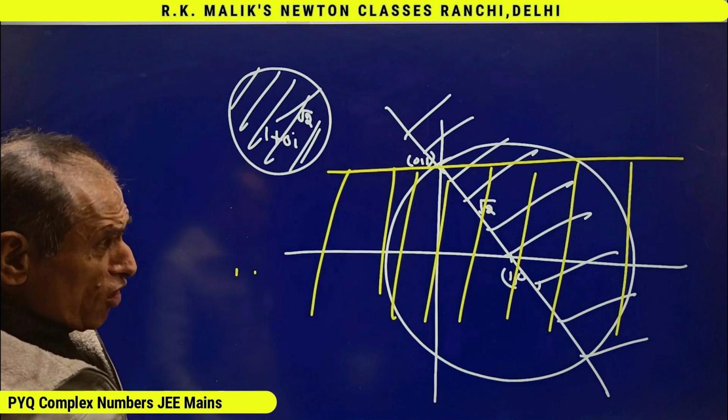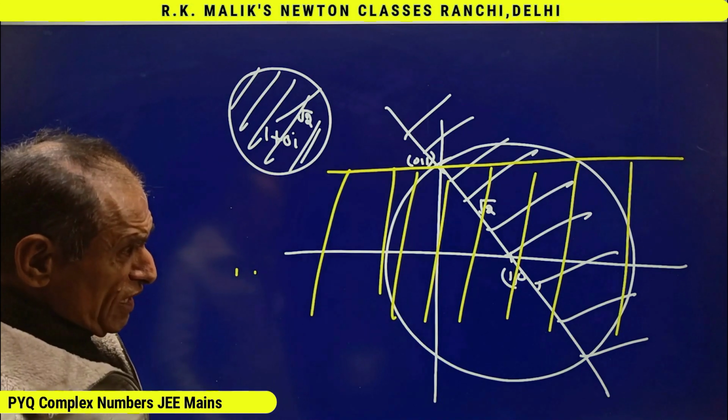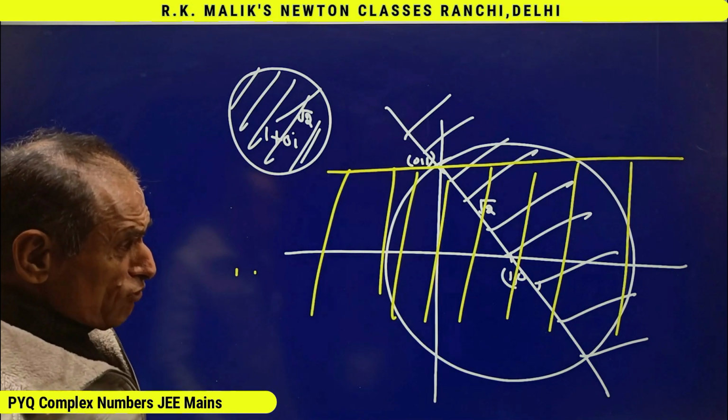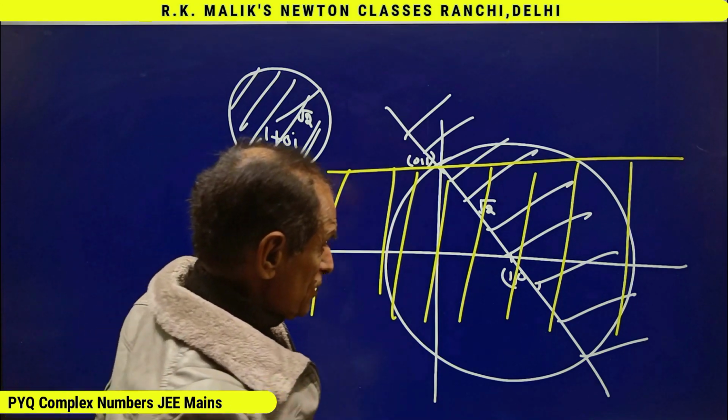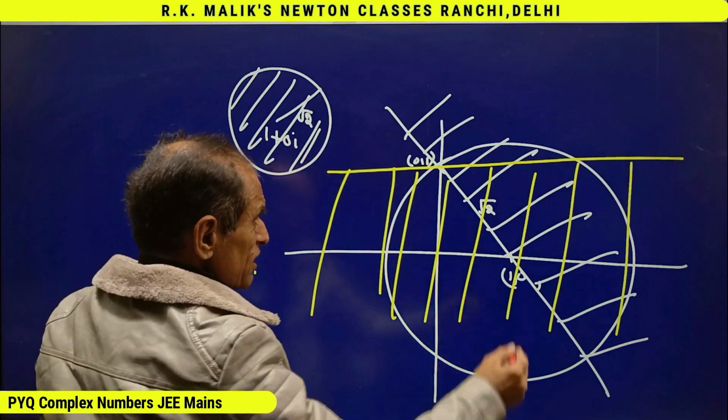Hence to satisfy all the conditions of S1, S2 and S3, we have to find the common shaded portion. The common shaded portion is given by this.